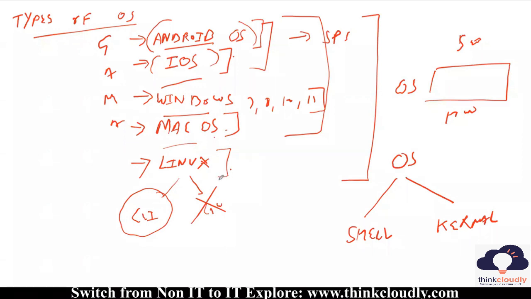First, operating system is a friend of hardware and software. Second, there are multiple types of operating system: Android, iOS, Windows, Mac, Linux. Third, Linux is considered the best operating system for running and hosting applications because it is lightweight. Fourth, operating system has two parts: shell and kernel. Got it, guys?